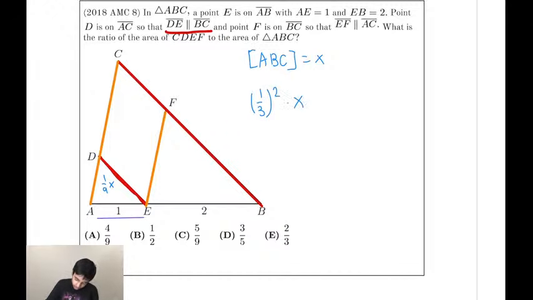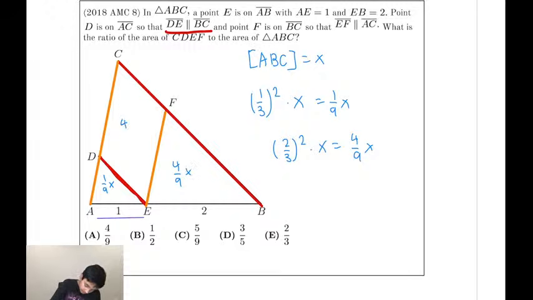Similarly, for EFB, the triangle to the right, we know that EB is 2 and AB is 3, so the ratio of the area is going to be 2/3 squared times x, which is 4/9 x.